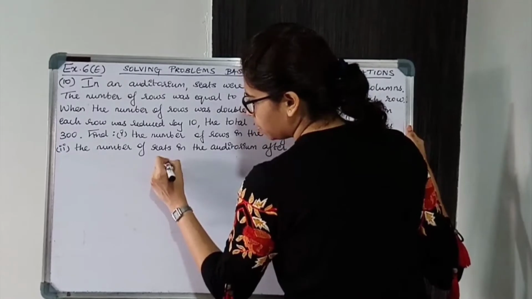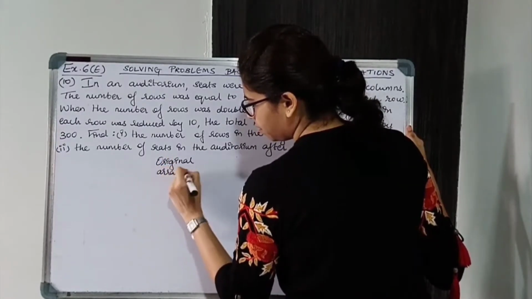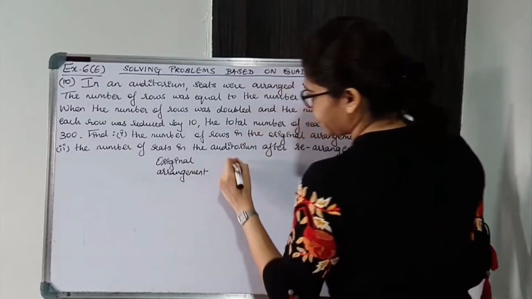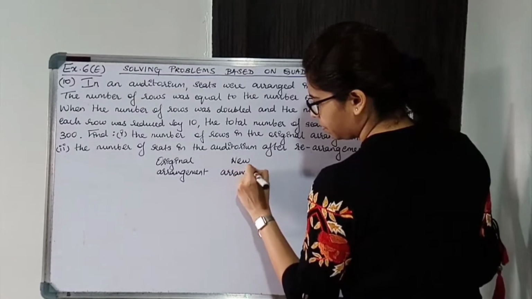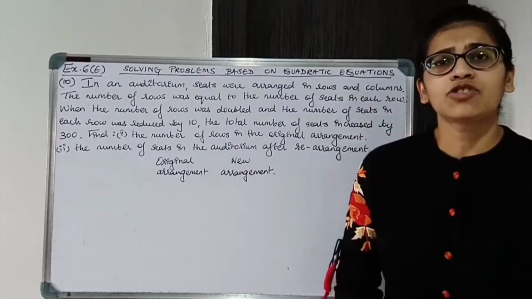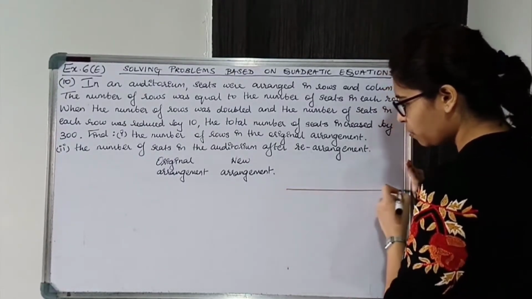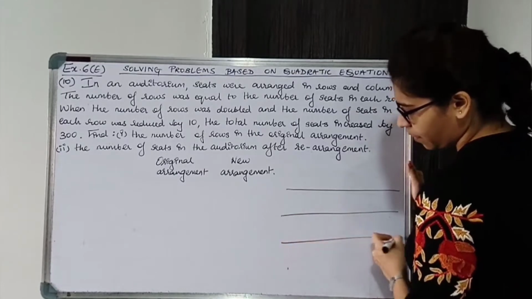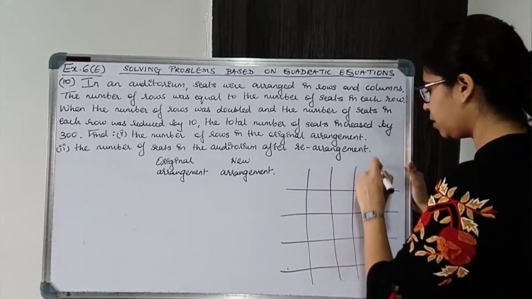So we'll consider original and new. Now the seats are being arranged in the form of rows and columns. So we know rows are horizontal and columns are vertical.